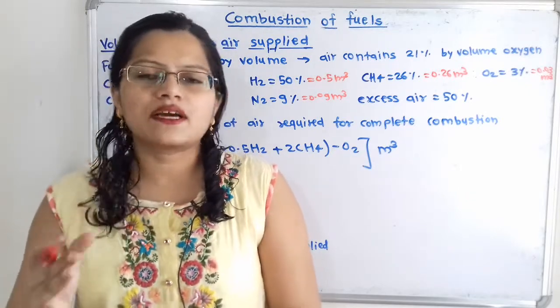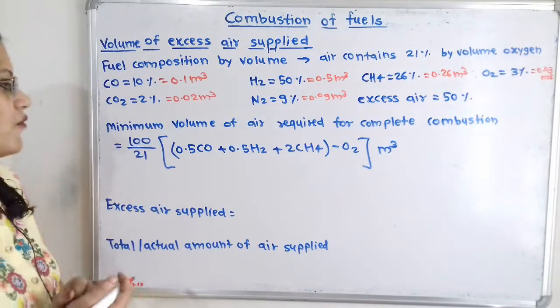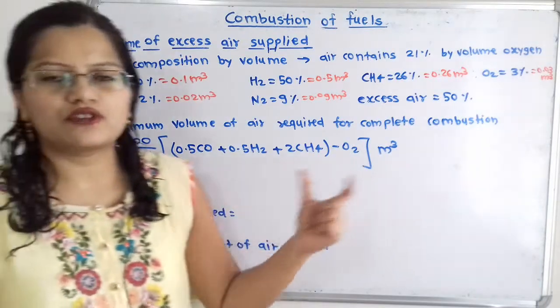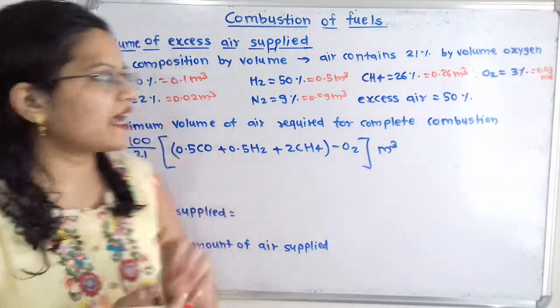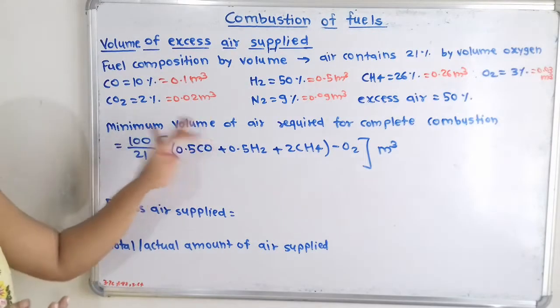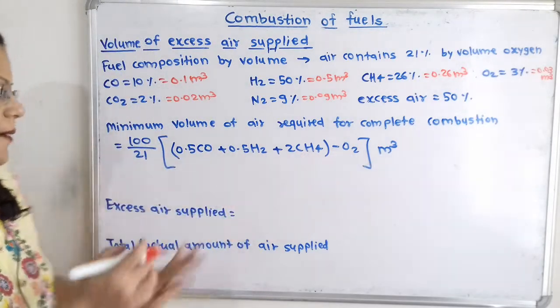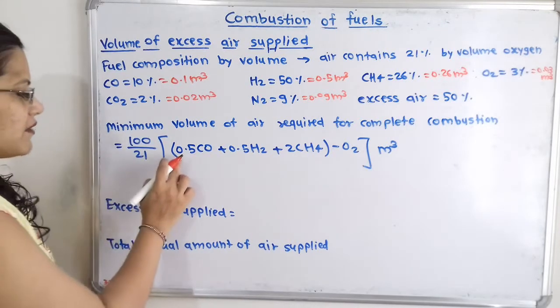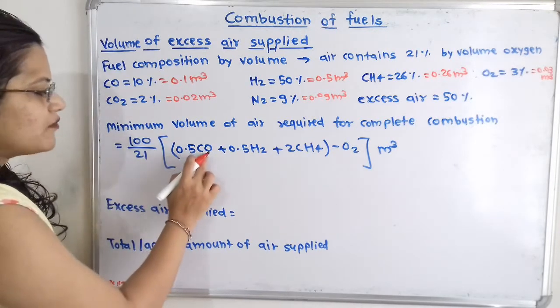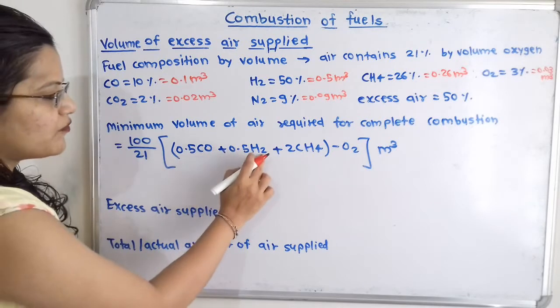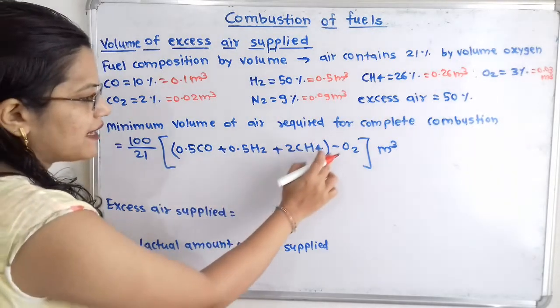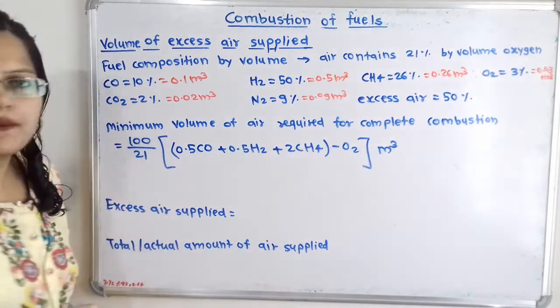So we have a formula. Whenever the volumetric analysis is given and we have to calculate the minimum volume of air, we have to use this formula. That is 100 by 21 in the bracket 0.5 CO plus 0.5 H2 plus 2 CH4, bracket complete, minus O2 meter cube.